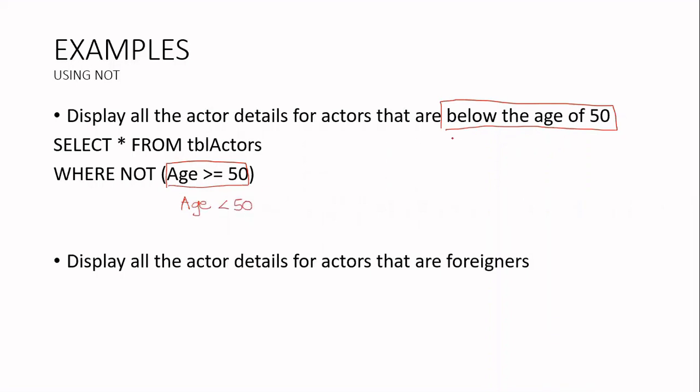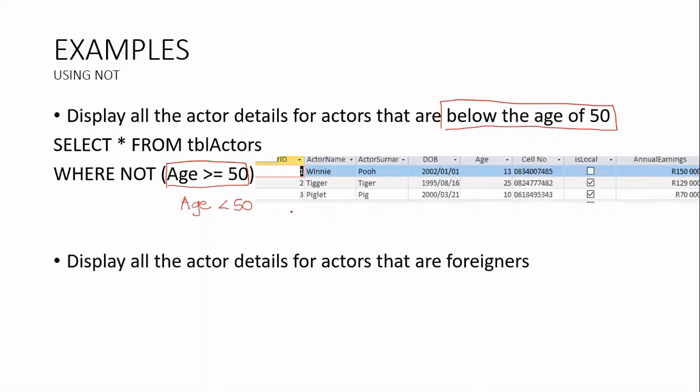And that will meet the requirement where the actor's age is below the age of 50. In that instance, our output is Winnie, Tigger, and Piglet. And if we look at all of their ages, we see it is below the age of 50.